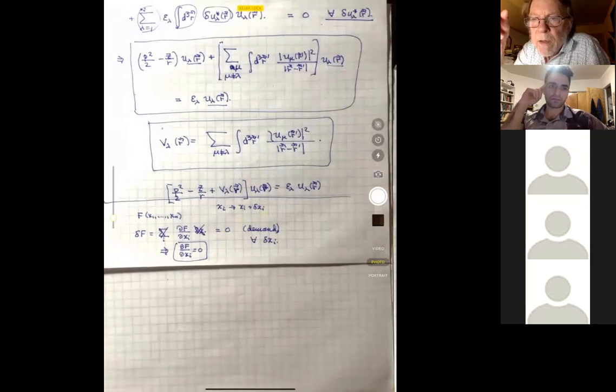We're not really varying u lambda or u mu star. What we're varying is u lambda 1, u lambda 2, u lambda 3, all the way out to u lambda n. In one of those sums, those things are indexed by mu, and the other one they're indexed by lambda. But it's the u lambda 1 through u lambda n that are being varied. So it affects both terms. Do you see?